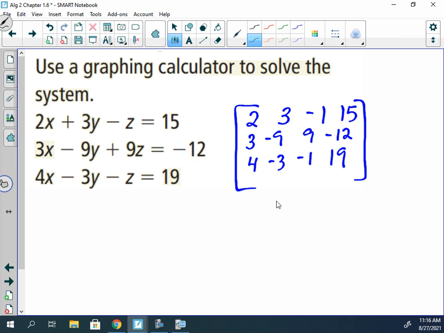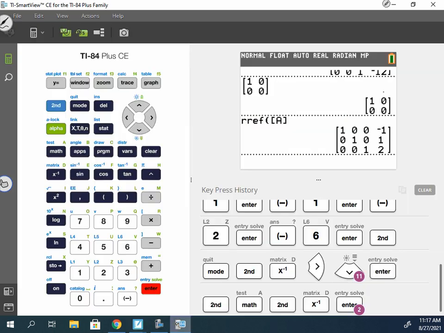So we can go on and pull the calculator up. I rewrote this down so I could have it.